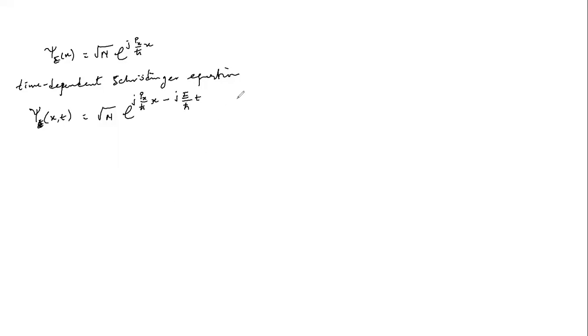Note that this equation here has the form of a plane monochromatic wave in which only one frequency component is present. That is, this is of the same form, say, psi of x and t equals c e^(j(kx - omega t)).